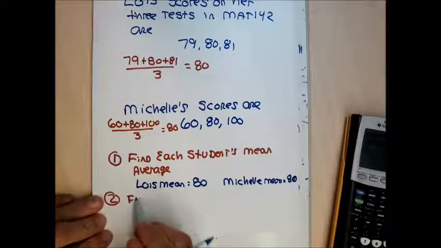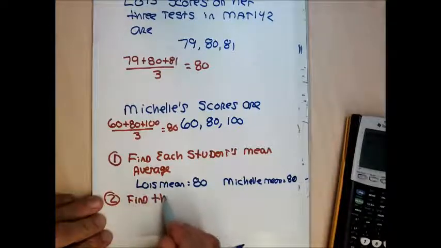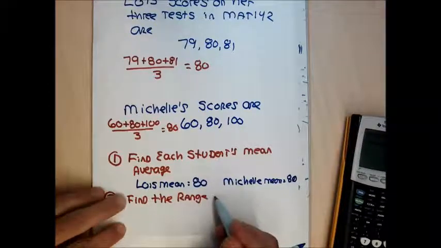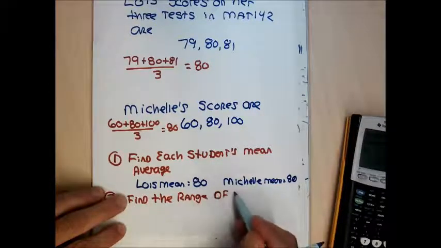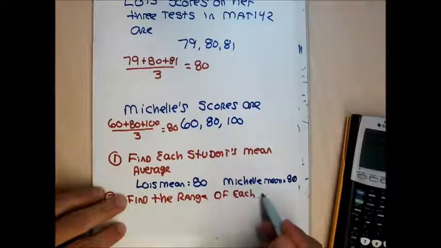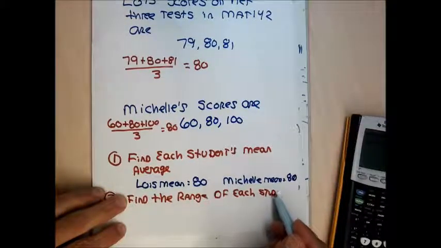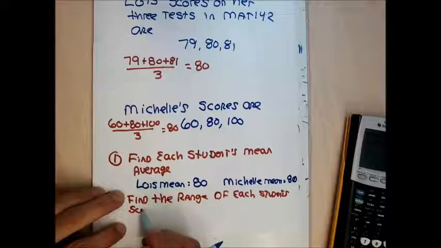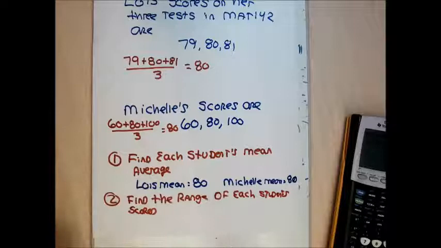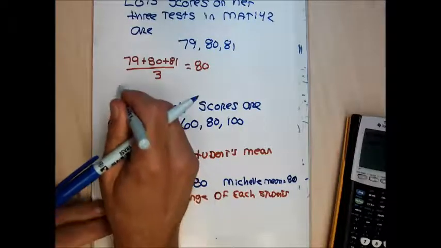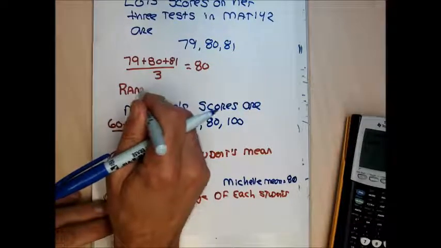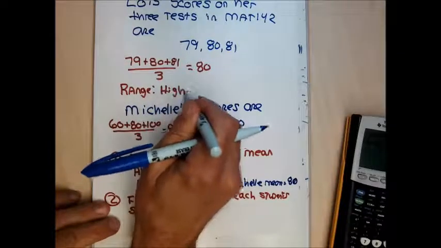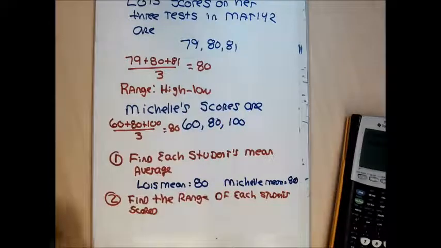Find the range of each student's scores or grades. And that's super easy to find. The range of a set of numbers is just the high number minus the low number.